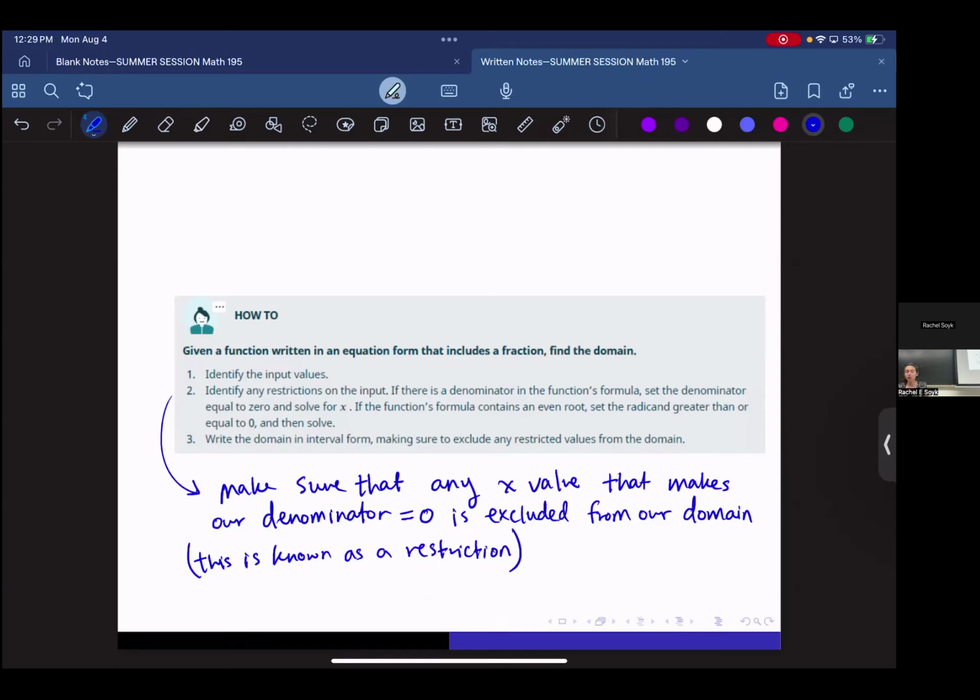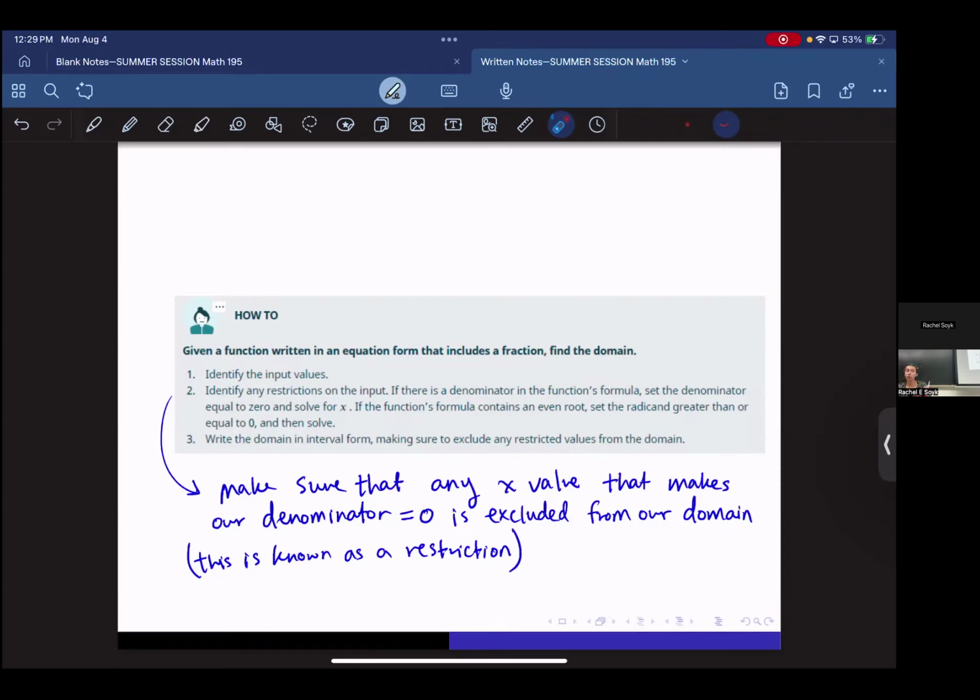They also did mention the whole roots and even indices. And that's important to note too, because that's another potential restriction. It doesn't have to be a fraction for this to be the case. But if you ever see a square root, what can never be underneath a square root sign?